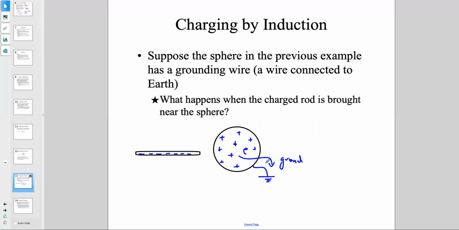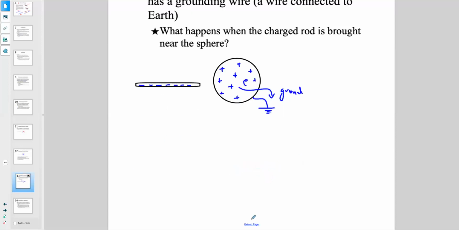Once you remove the ground connection and the rod, you are left with a positively charged sphere, because it lost all of its electrons. They transferred to ground, they're gone.